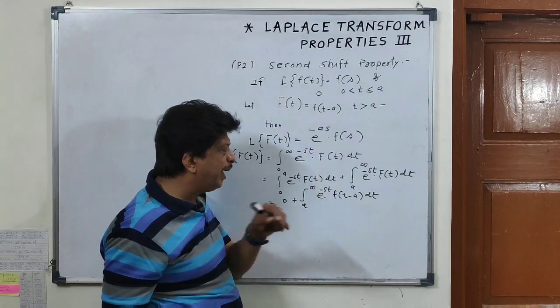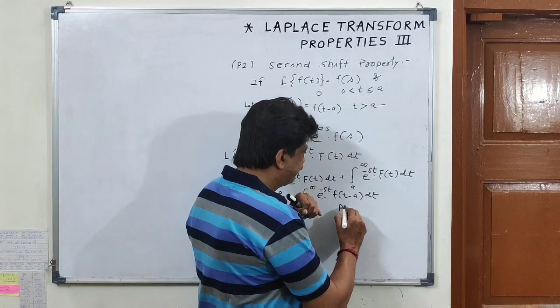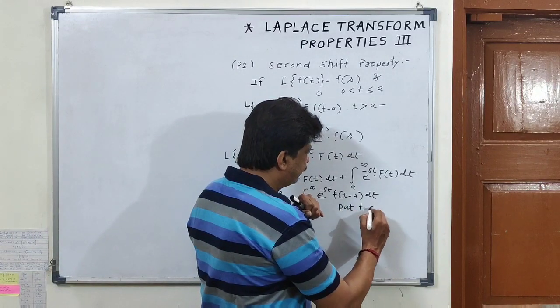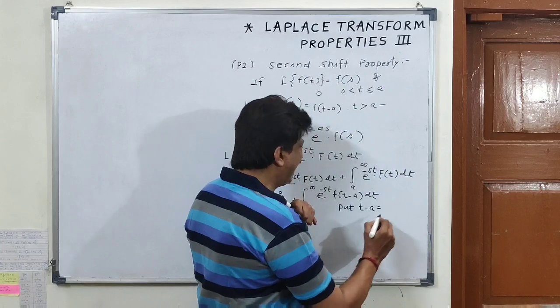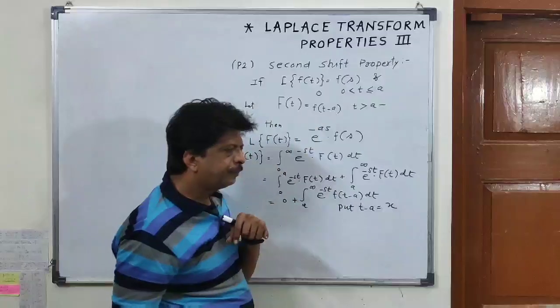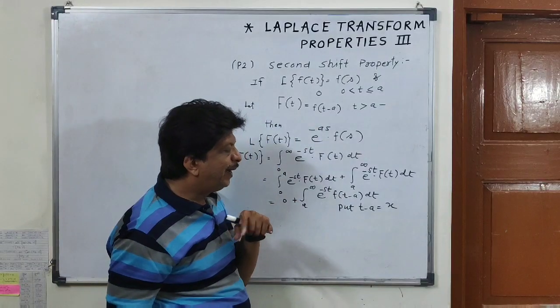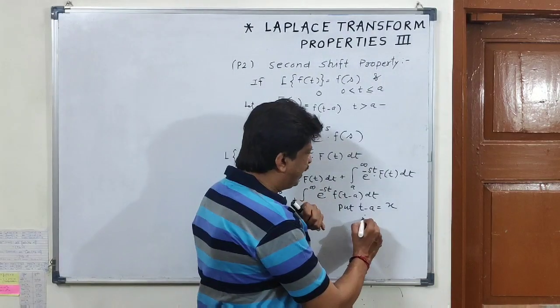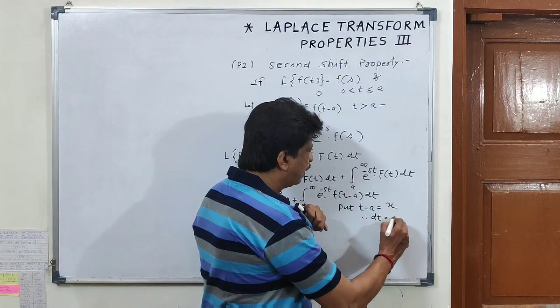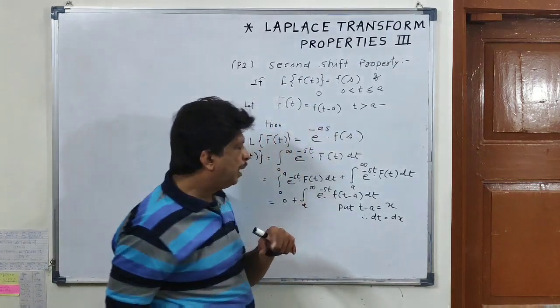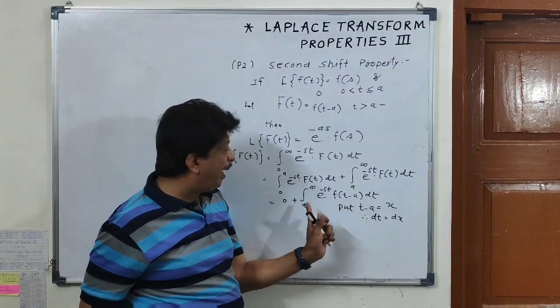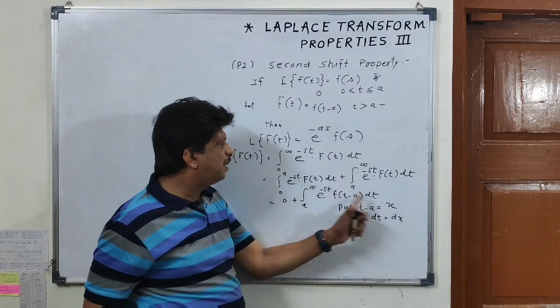If we put this t minus a equal to, say, x, t minus a is equal to x, therefore dt is equal to dx. Now when t is equal to a, x is equal to 0.